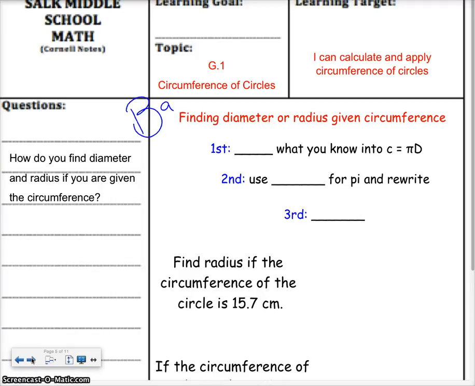You might want to just write backwards. So finding diameter or radius given the circumference. Notice that typically we multiplied by pi. So we have to work backwards. You're just doing that backwards or inverse operation.